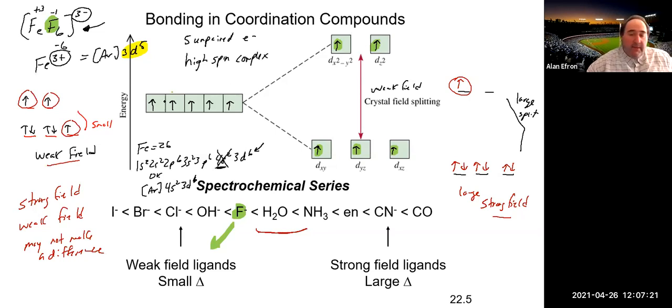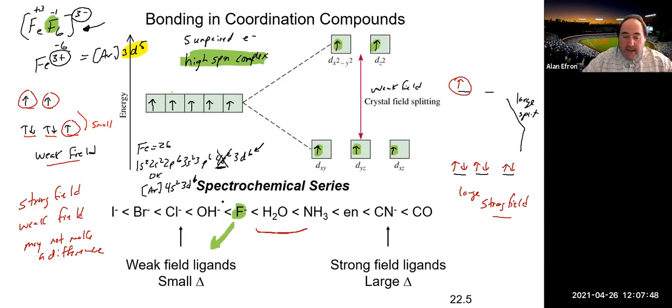So what does high spin complex mean? High spin complex means you have a lot more unpaired electrons, as you can see here. And that is a result of the splitting of these d orbitals not being tremendously large. Any questions on that there?